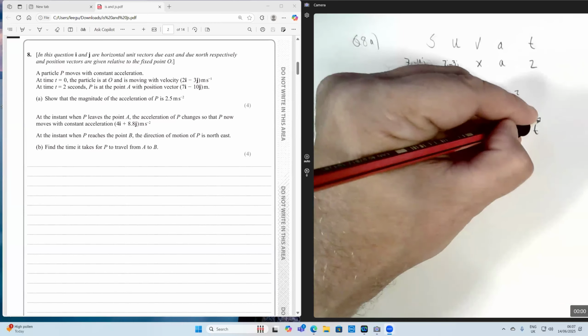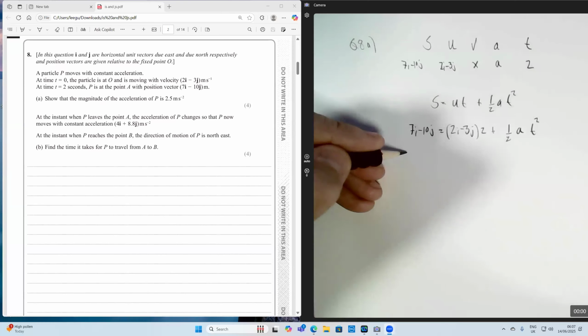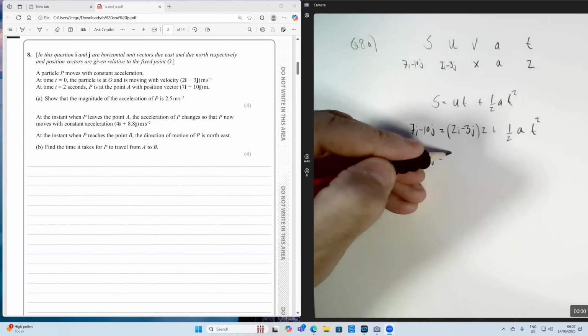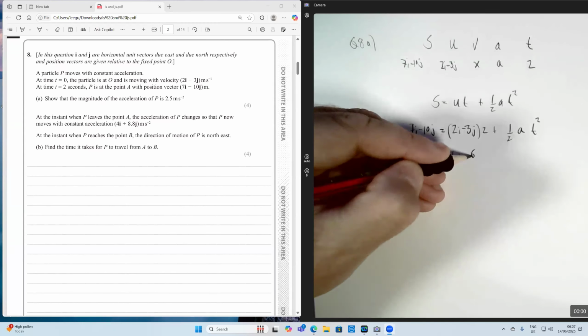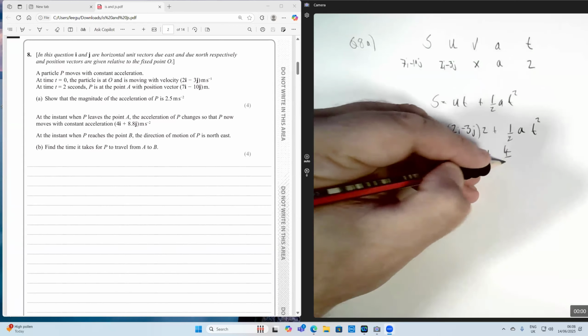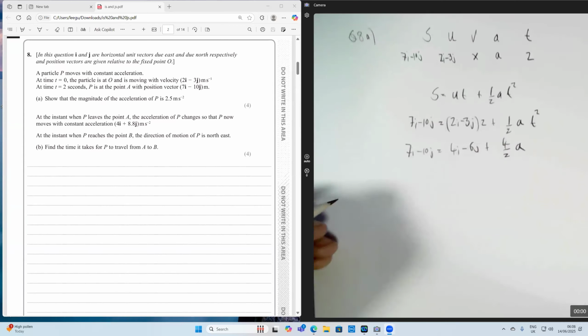So we can expand this now: 7i minus 10j is equal to 4i minus 6j plus 4 over 2 a.